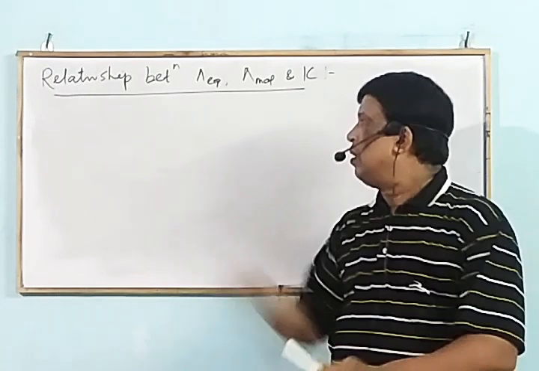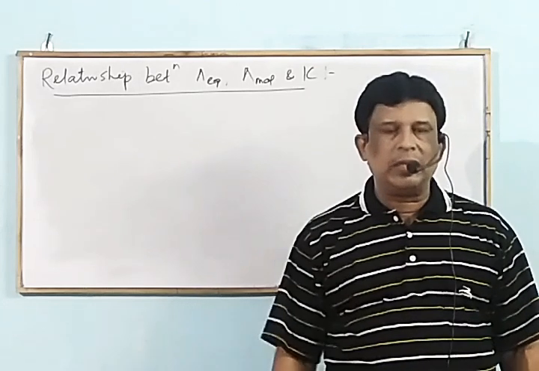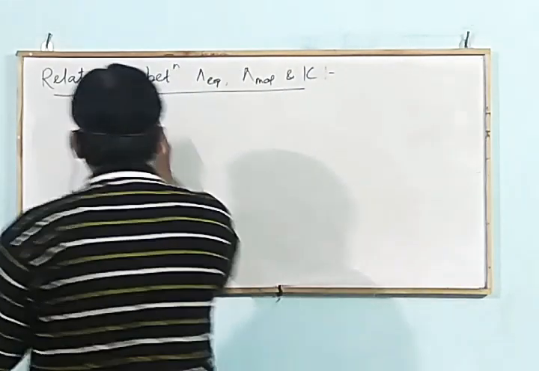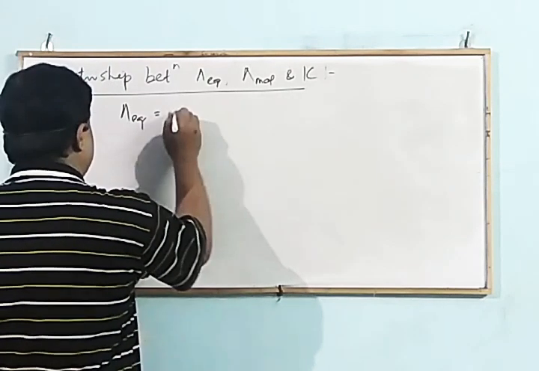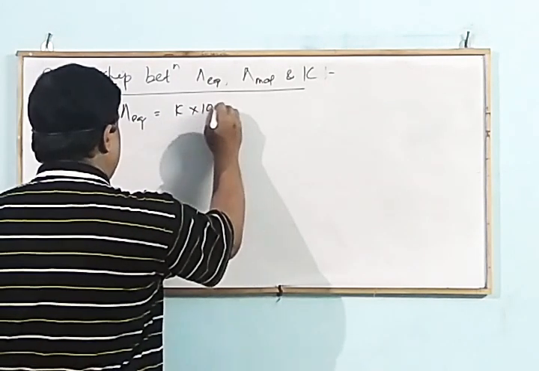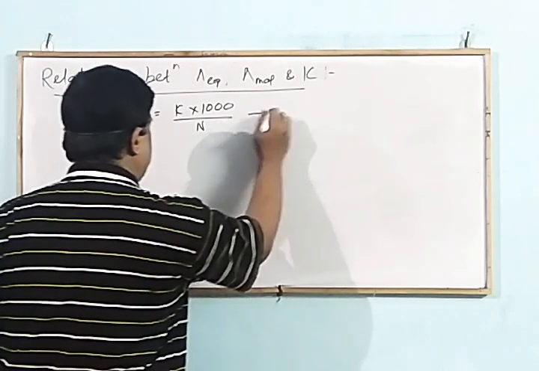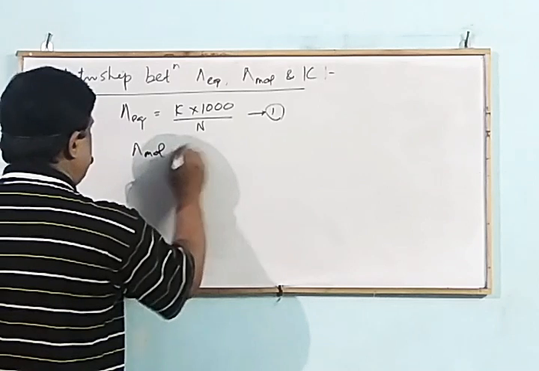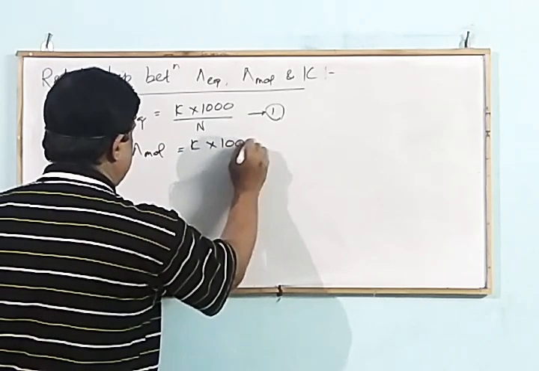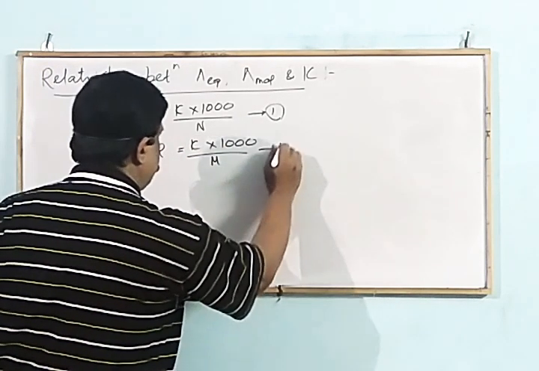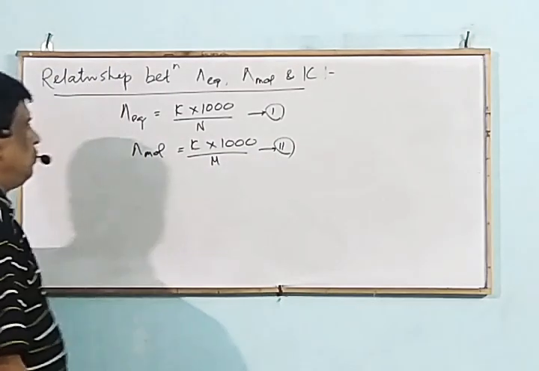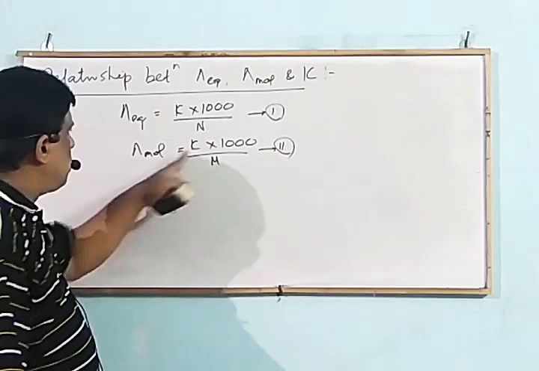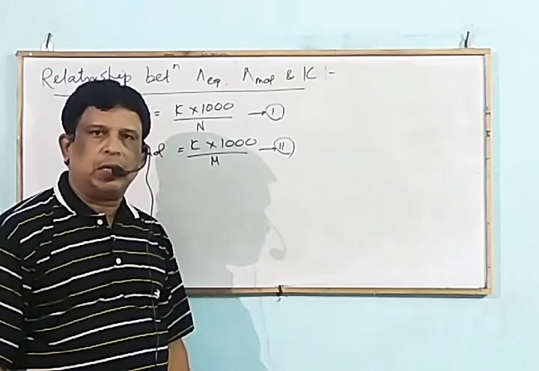Already we have found the expression for each one. Mark that: equivalent conductance is equal to kappa into 1000 by N, equation 1. Molar conductance, lambda MOL, is equal to kappa into 1000 by M, equation 2. That means equivalent conductance is related to specific conductance, and molar conductance is also related to specific conductance.